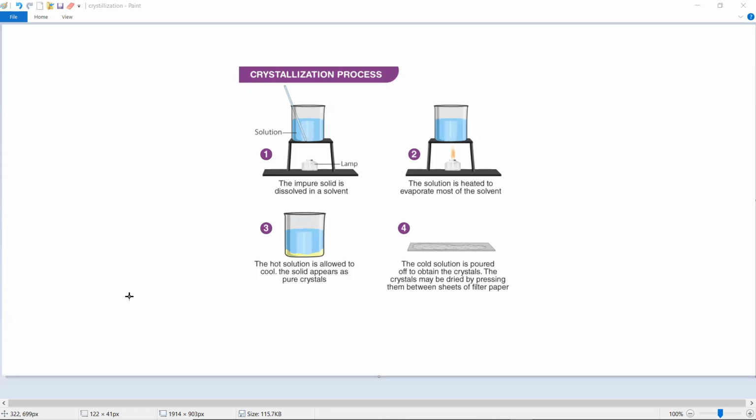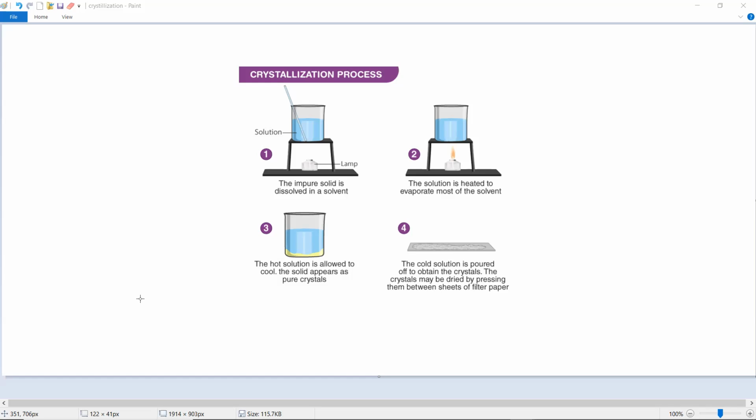In the process of crystallization, the solution is heated and more solid is added to the solution till it becomes saturated. Then it is cooled to obtain the pure crystals of the solid. After that, the crystals are separated by filtration and dried.